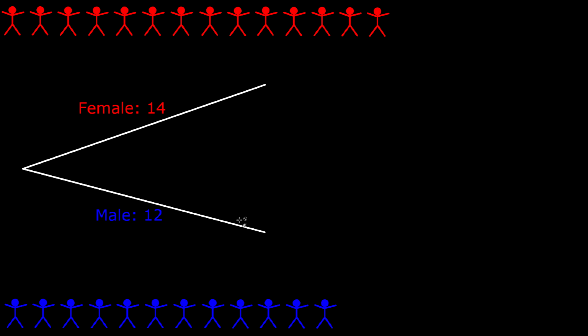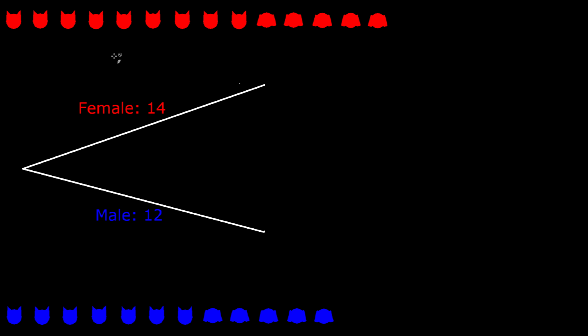But now I said there were two questions. So the second question is whether the student would prefer a cat or prefer a dog as a pet. So if we ask them that, we'll see that here are the responses. We have some number of cats, some number of dog responses for females, and different number of cat and dog responses for males.